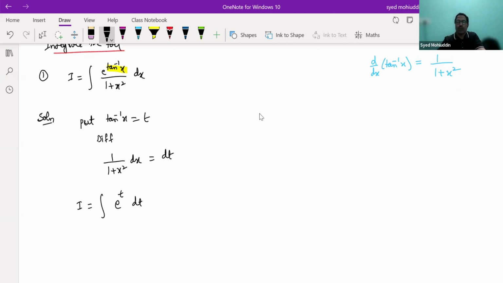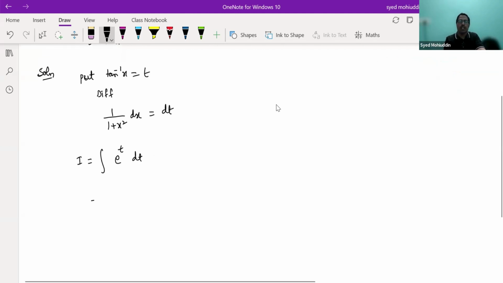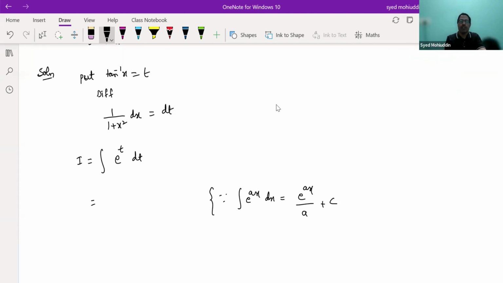So now if you observe, this is nothing but the standard formula: the integral of e power of ax into dx is e power of ax divided by a, the coefficient of x, plus the constant of integration c. So here the integration of e power of t will be e power of t itself divided by the coefficient of t, which is 1. Or you can just ignore that value and write it as e power of t itself.